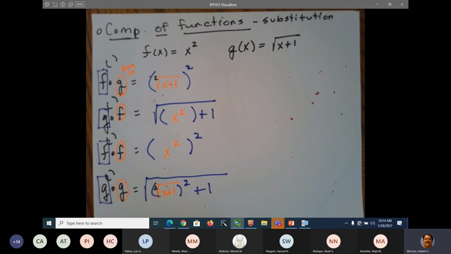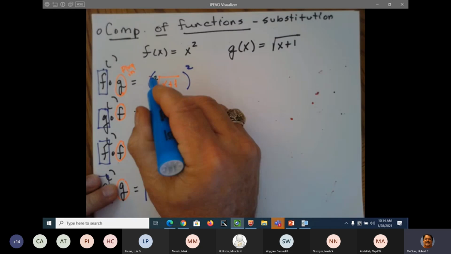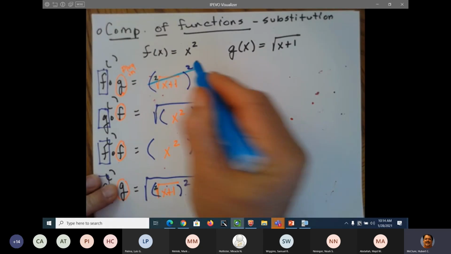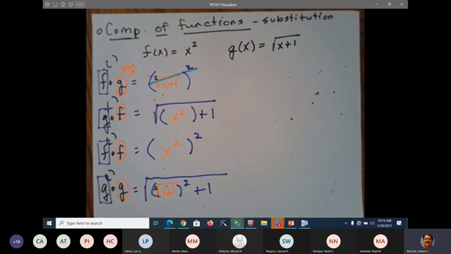Again, I want you to interact with me. Gets rid of the parentheses. They cancel the radical, don't they? Yeah. So I'm going to take my handy dandy blue highlighter, and I'm going to cancel those out. And that leaves you with x plus 1.